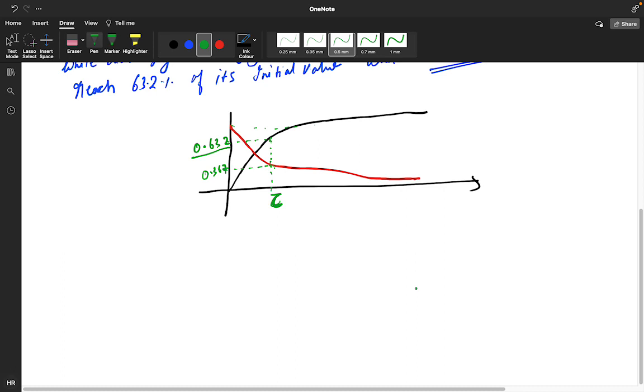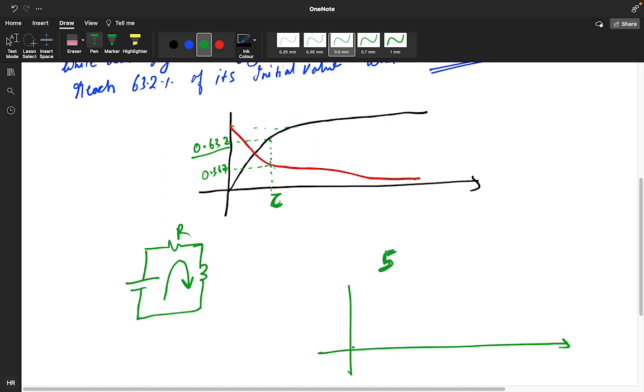Suppose we are talking about the inductor. Now you will understand in a perfect way. The circuit is like this: positive, negative, your R value is here, and you have an inductor. While charging the inductor, the final value, suppose, is 5. My inductor is reaching the final value 5.